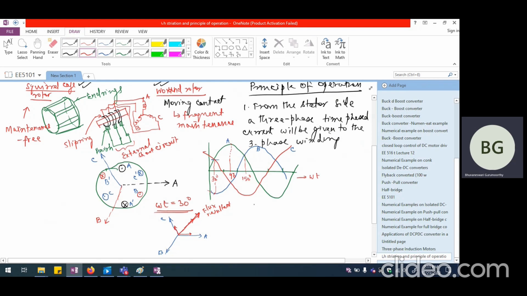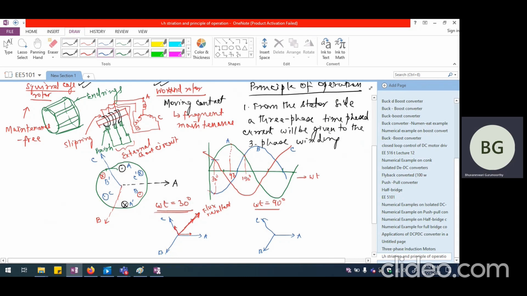Now let us see what happens at omega t equal to 90. Let me draw again. This is the A phase axis, this is going to be the B phase axis, and this is going to be the C phase axis. Now let us see what happens to the current at this point.